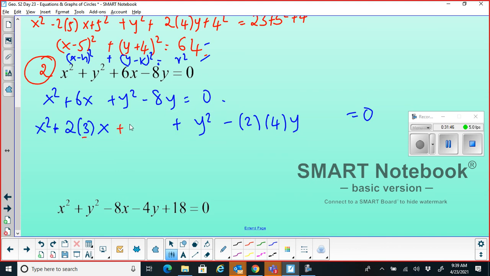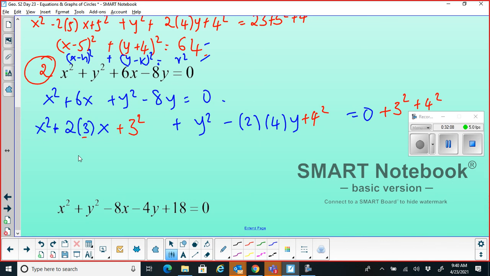Right? Here this is missing 3 square. To complete the square I'll need 3 square. And here to complete the square I will need 4 square. I added 3 square and 4 square on the left side, which means I need to add 3 square and 4 square on the right side as well.